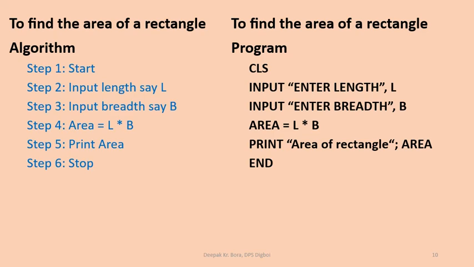So we write print, then the message "area of rectangle" is displayed, and then the variable area. Whatever is stored in the area variable will be displayed on the monitor. And step 6, stop: we give END, which tells the QBASIC program that there is nothing more to be executed. Stop here.